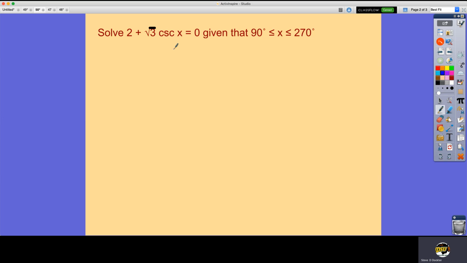All right, so with our equation, just like a normal equation, we got to get x all by itself. So what are we doing first? What do you think? To get x by itself, we got to move the 2 over first, right? So we subtract the 2 over.